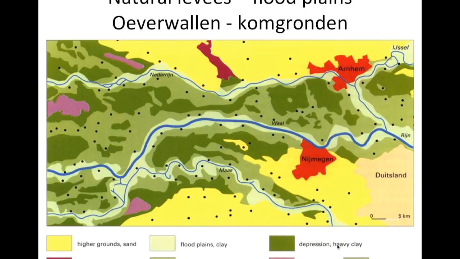Only clay particles. This is land that is really hard to plow because the clays stick together and it's massively filled with water, so it's hard to work the land there. It's easy to work the land here, which is why we find the settlements. We tend to find them on the river banks.